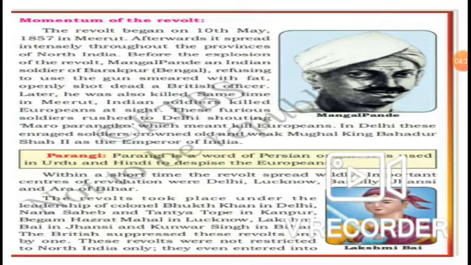That shouting sentence is in Hindi, and it means kill the Europeans or kill the Britishers. In Delhi, these enraged soldiers crowned the old and weak Mughal king Bahadur Shah II as the emperor of India.